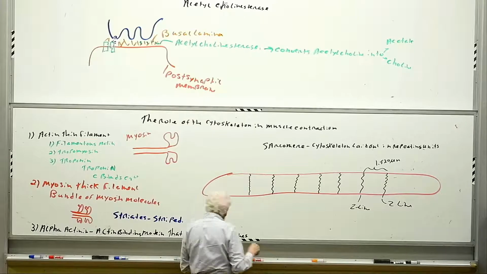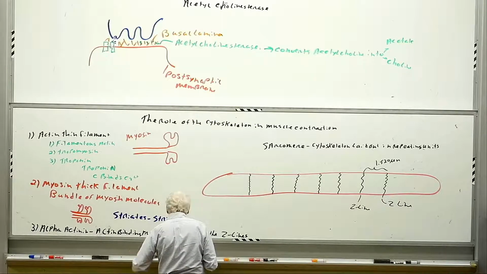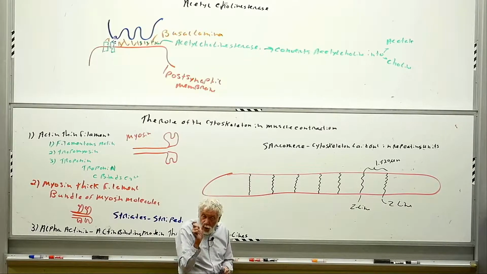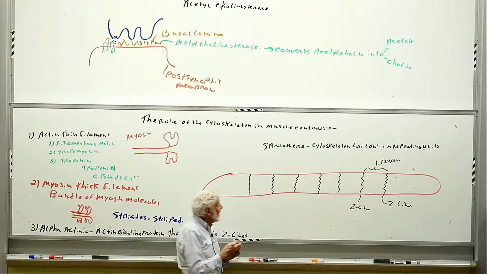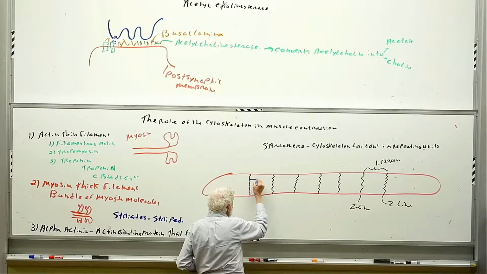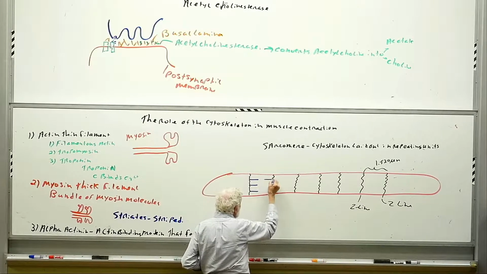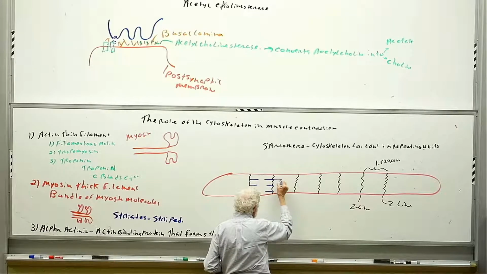So those Z-lines, as we said down here, are actin binding proteins. So if we look at the structure, we'll see that the Z-lines have attached to them these actin thin filaments. So in blue, we have the actin thin filaments.